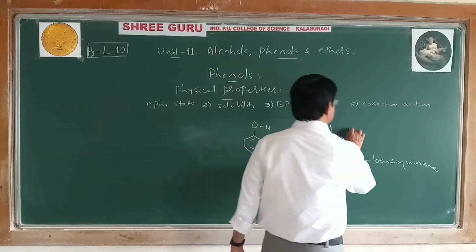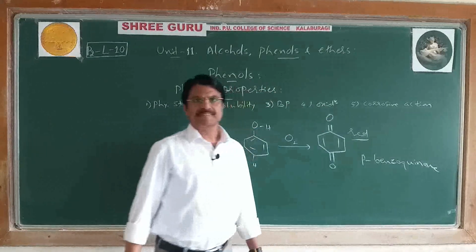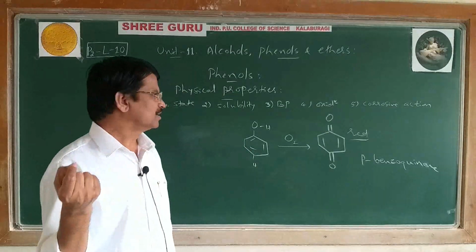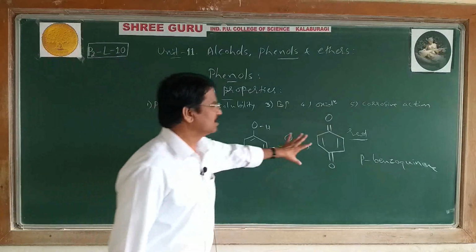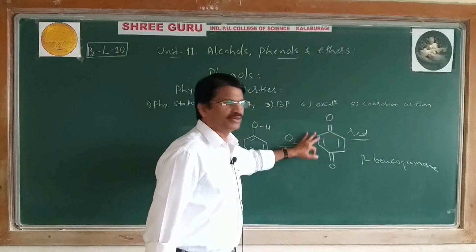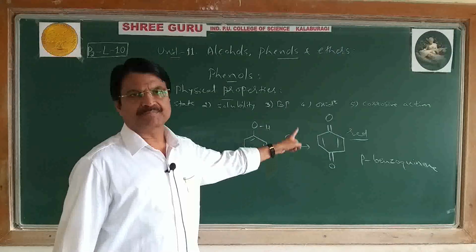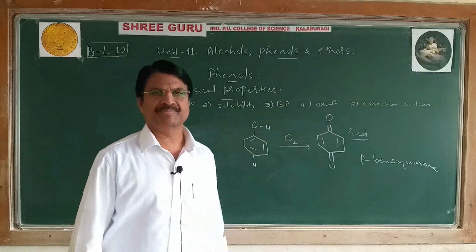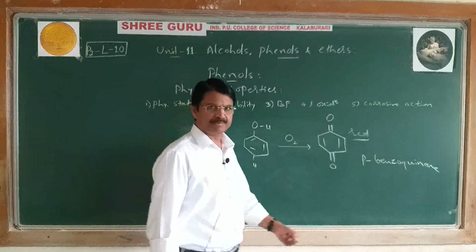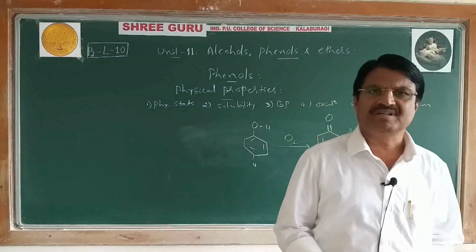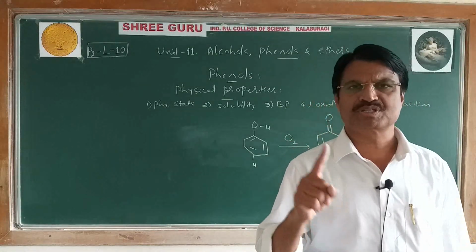The color of this one is red, or even pink color is obtained. But the pink or red color of that phenol compound is due to formation of what? Para-benzoquinone, or para-phenoquinone. So there is a question you may get in the theory paper: why does phenol turn pink when exposed to air and light?